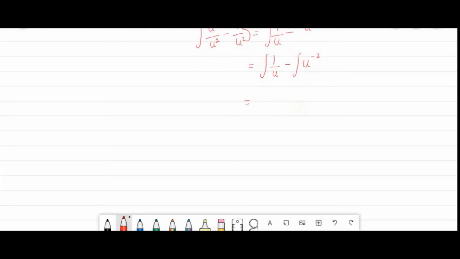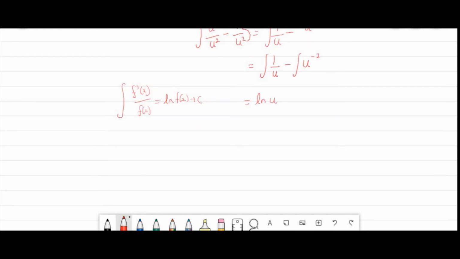The derivative of u is 1. So it follows the rule that says an integral of f prime x over f of x, when integrated, should give you ln f of x plus c.